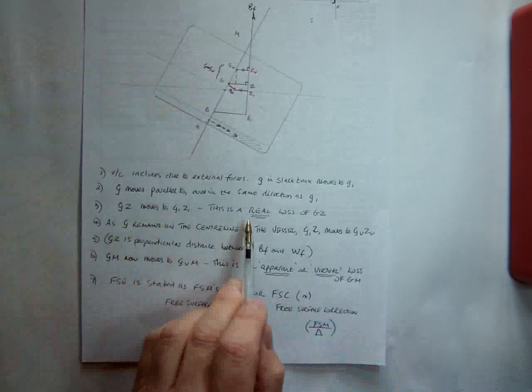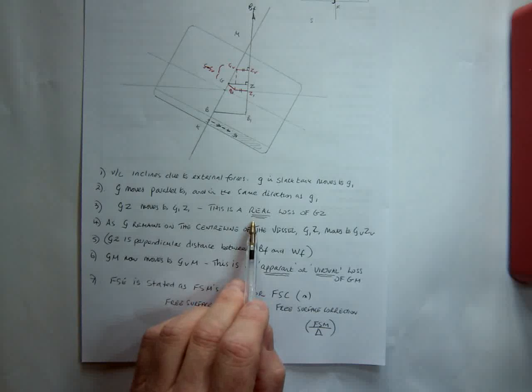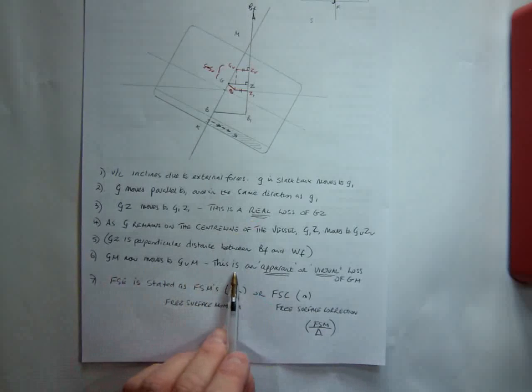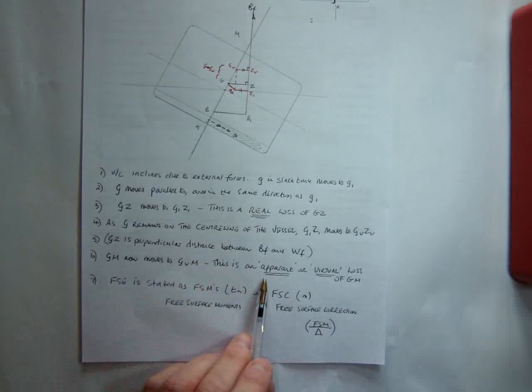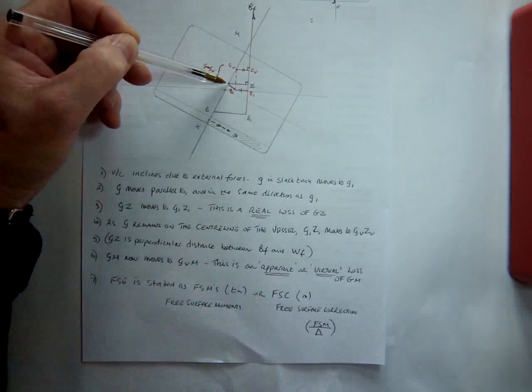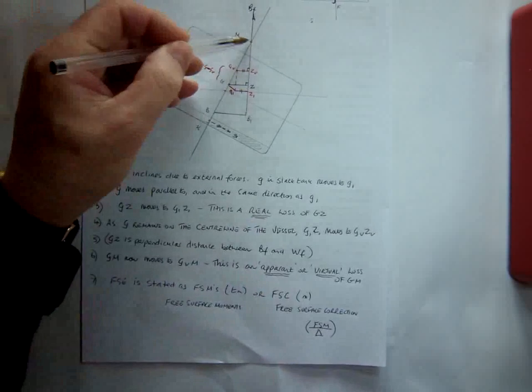So GZ was the real loss, and as GM moves to GVM, this is an apparent or virtual loss of GM. Originally the GM of the vessel was from G through to M here.